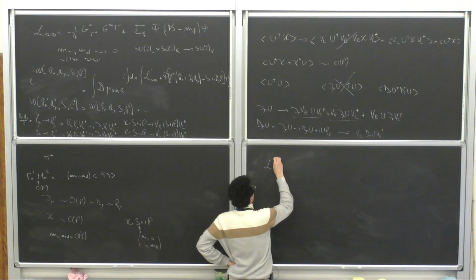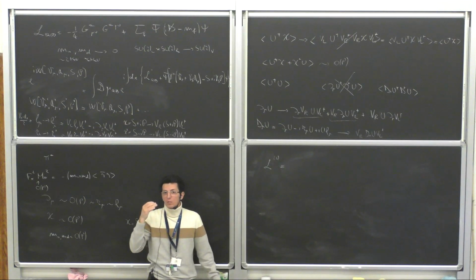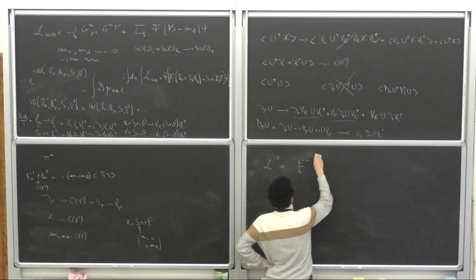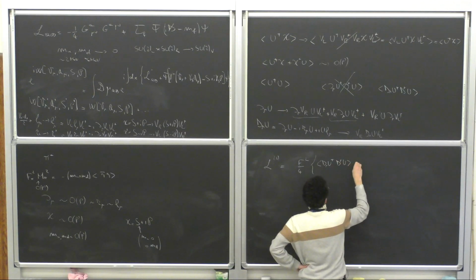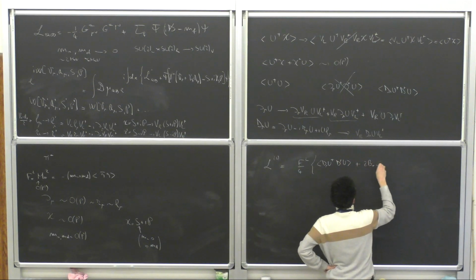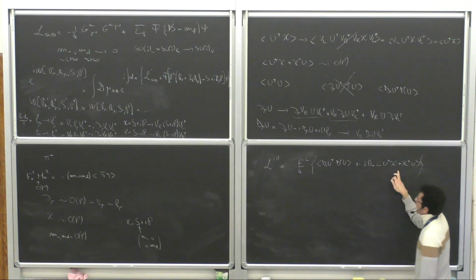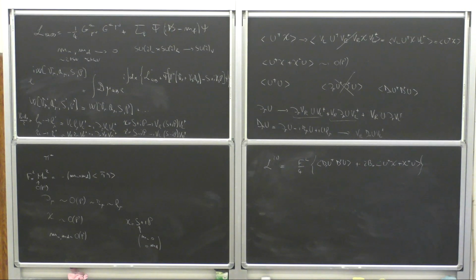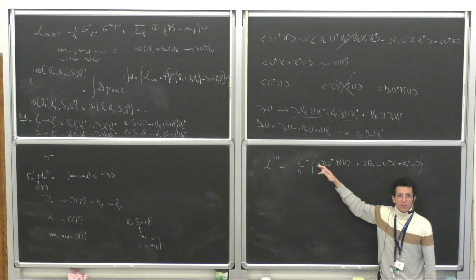So there will be a Lagrangian of second order in this chiral index. There are only two possibilities, okay? Only these two structures in the lowest order effective Lagrangian. What are these two numbers which appear here?